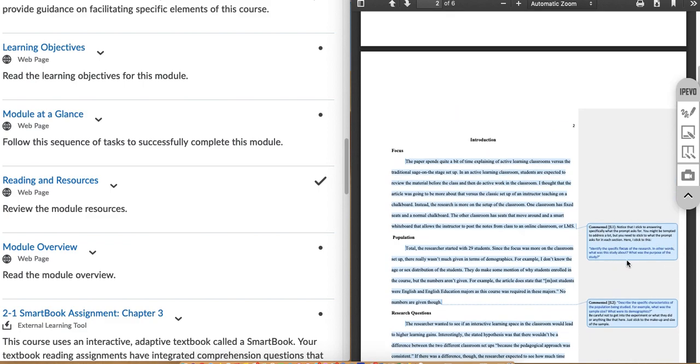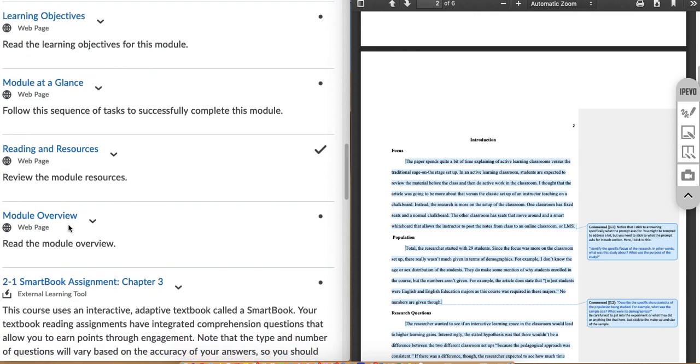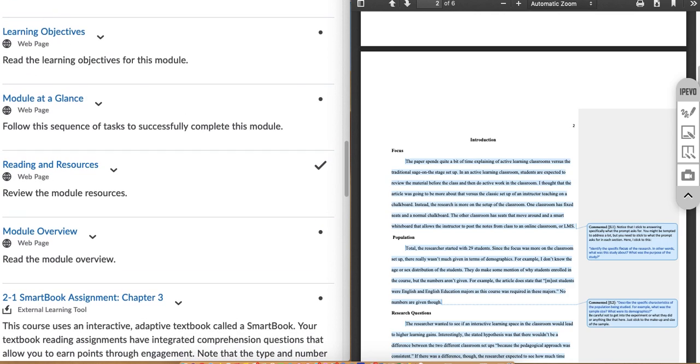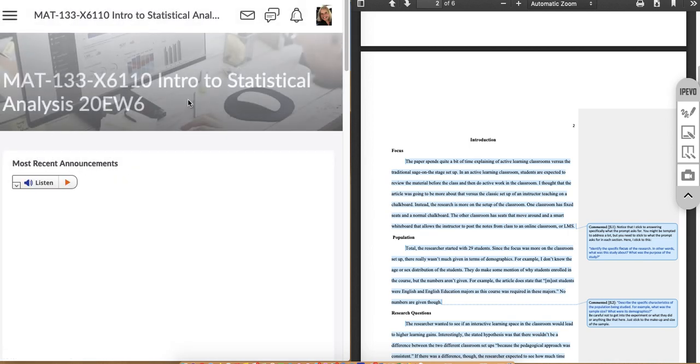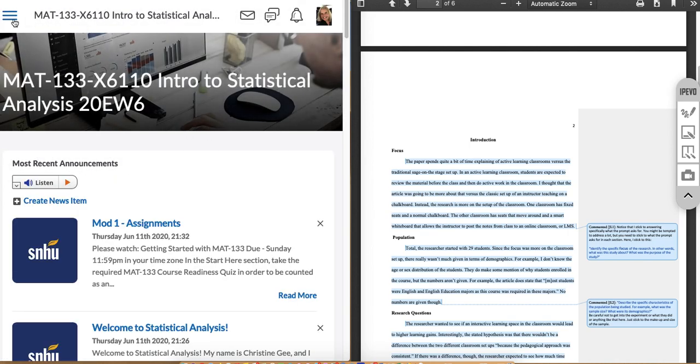Now over here are comments from the professor, and I will be commenting on your work once you submit it. But for now, you're submitting it into the milestone area, where peers can review it, and you're going to be reviewing other students as well.